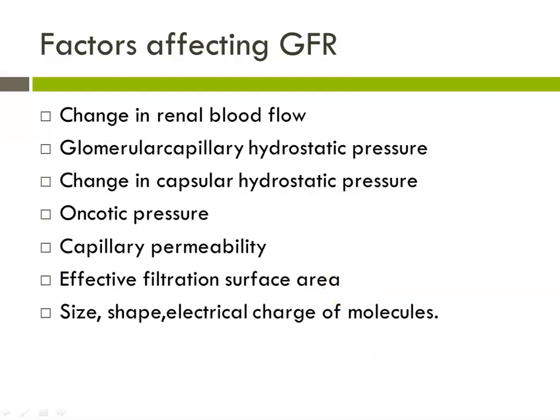The size of the filtration area depends on the mesangial cells. If the mesangial cells constrict, the glomerular filtration decreases. If the mesangial cells relax, the surface area is increased, and the glomerular filtration is also increased. Now, you already know the shape, size, and electrical charge of the molecule also determine the glomerular filtration rate. These are the factors affecting the glomerular filtration rate. That's all for my topic. Thank you.